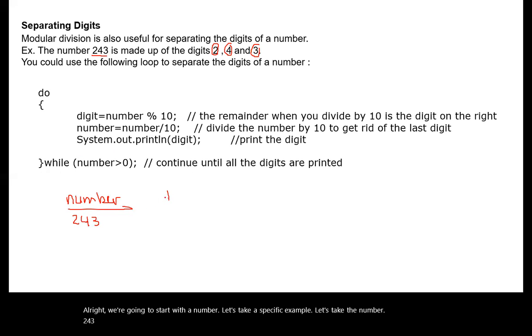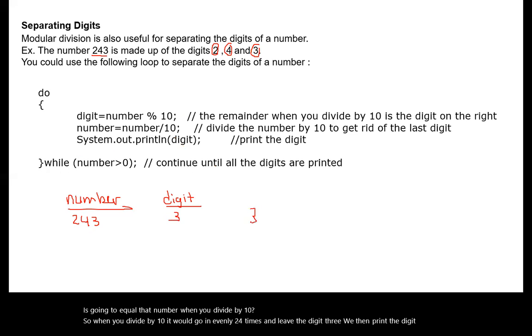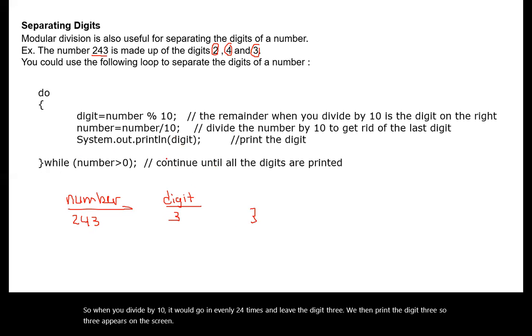Digit is going to equal that number mod 10. So when you divide by 10, it would go in evenly 24 times and leave the digit 3. We then print the digit 3, so 3 appears on the screen. Then we divide the number by 10.